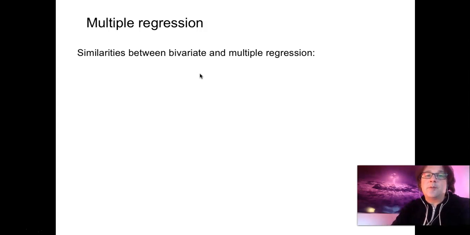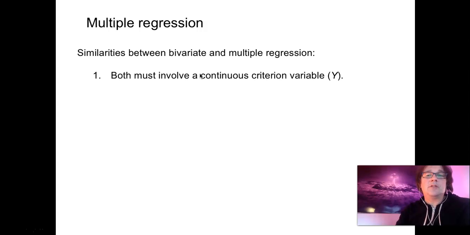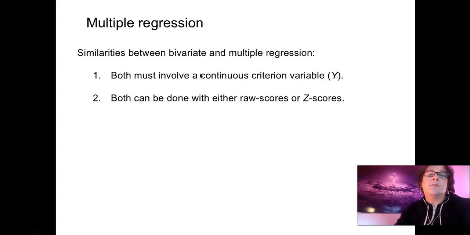So some similarities between bivariate and multiple correlation. Both correlation and regression must involve a continuous y variable or a continuous criterion variable. Both can be done either with raw scores or z-scores.